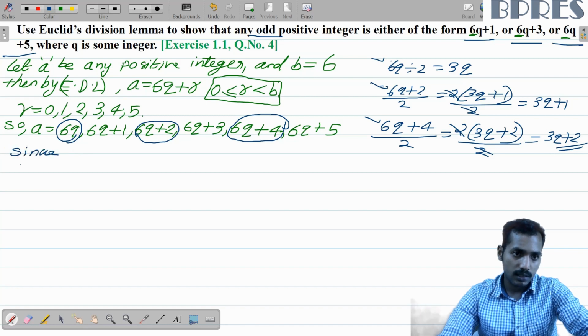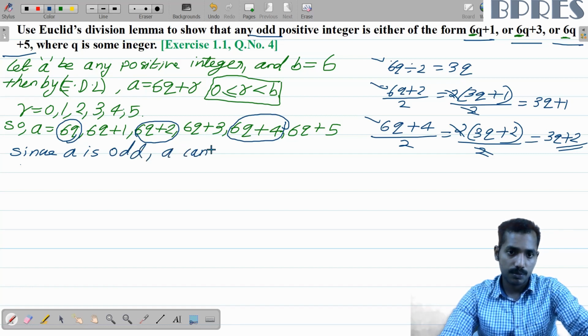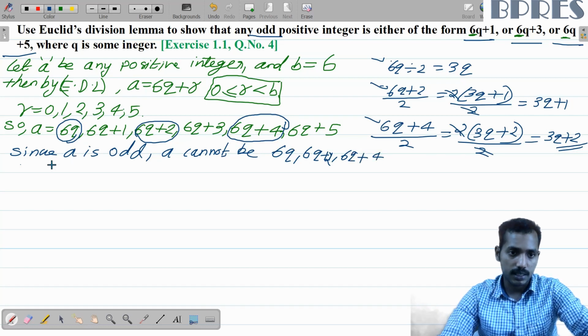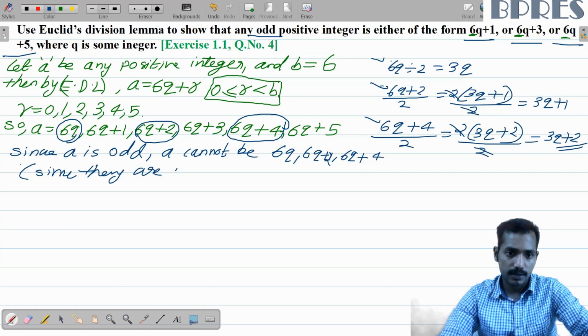Since a is odd, a can't be 6q, 6q plus 2 or 6q plus 4, since they are divisible by 2.